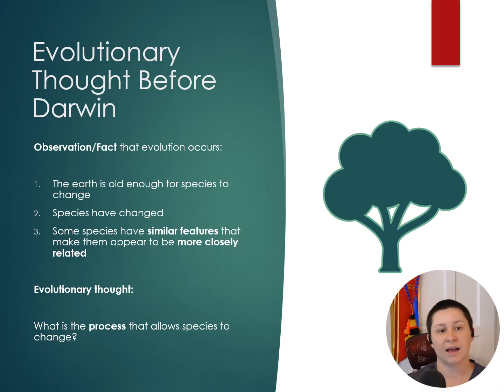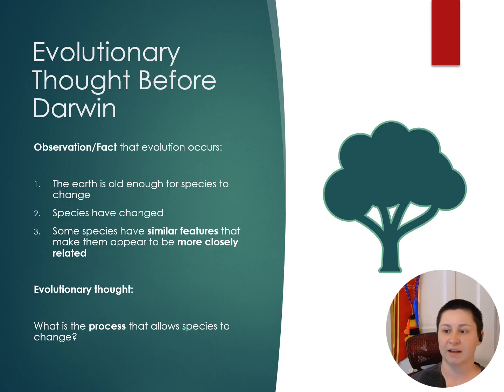So overall, evolutionary thought before Darwin: many people didn't really come up with Darwinian evolution, but they did have evolutionary ideas. So Charles Darwin didn't come up with the idea of evolution. There were lots of people thinking about this before him.